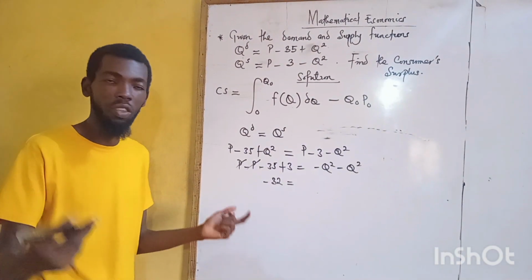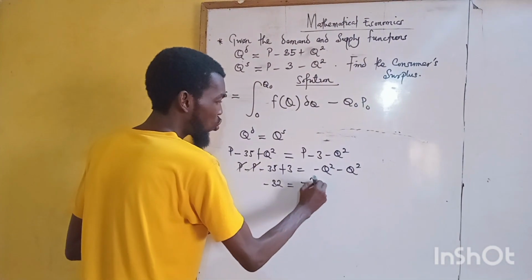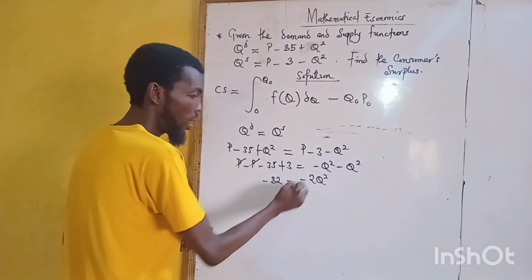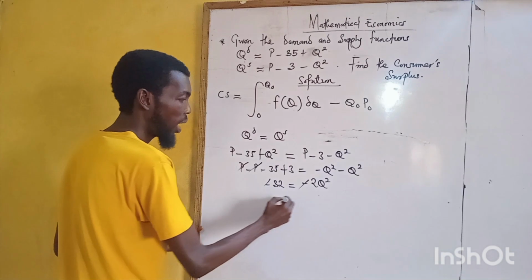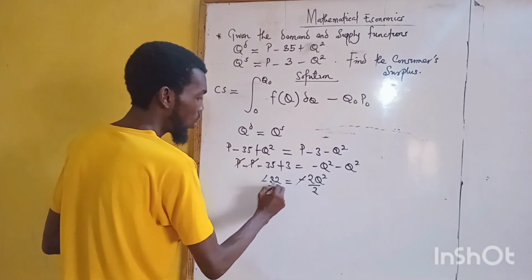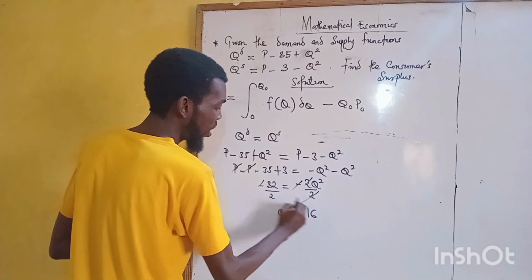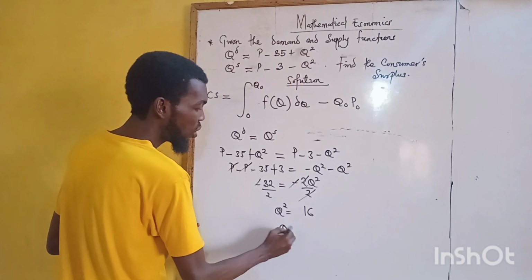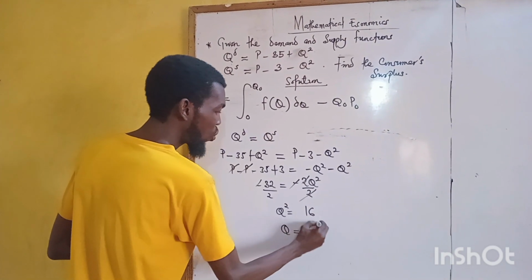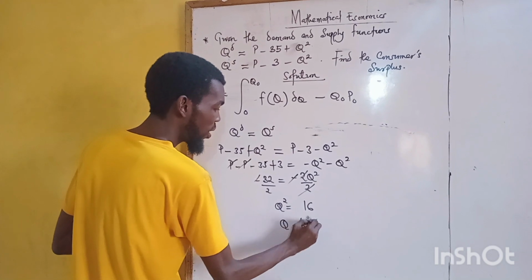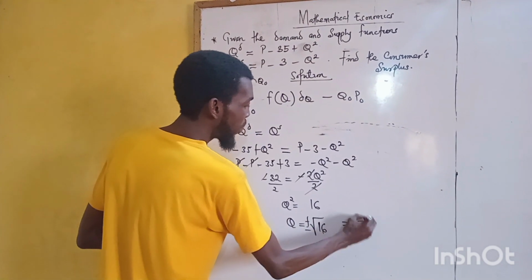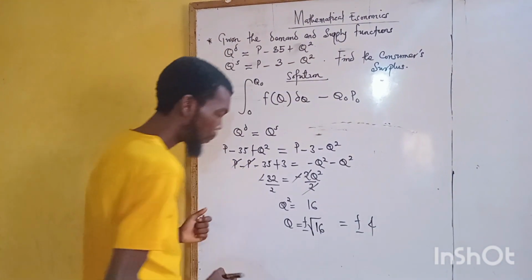Minus Q squared minus Q squared becomes minus 2Q squared. Negative sign cancels negative sign. Divide both sides by 2. Q squared equals 16. So Q becomes the square root of 16, which is plus or minus 4.